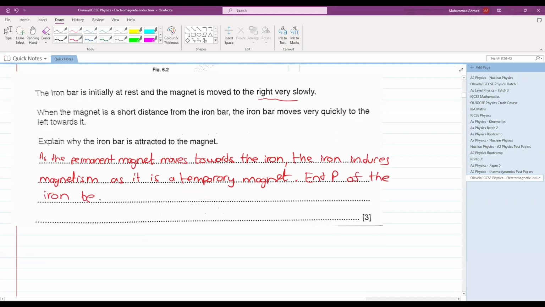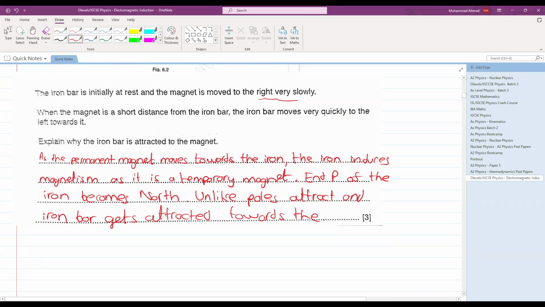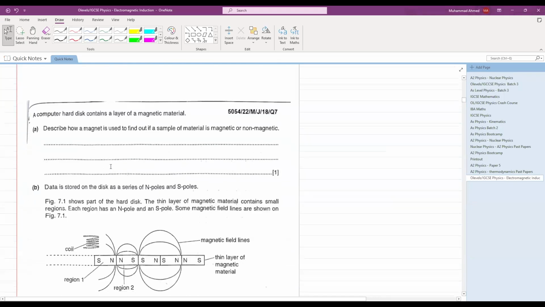Unlike poles attract, and the iron bar gets attracted towards the permanent magnet. Simple as that. Let's further move ahead. Let's look at the next question.